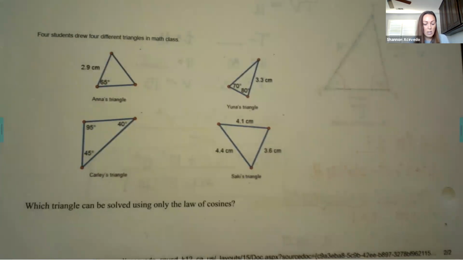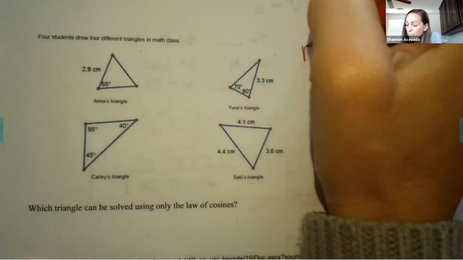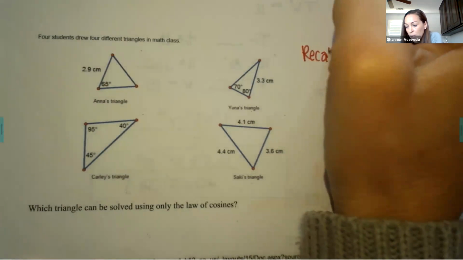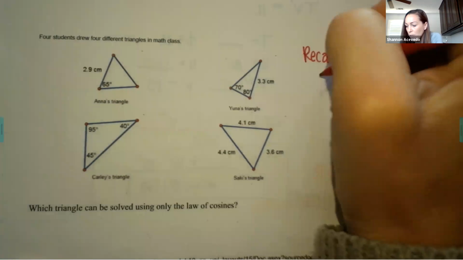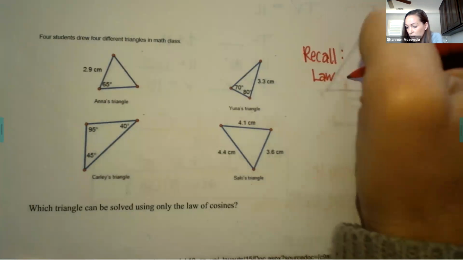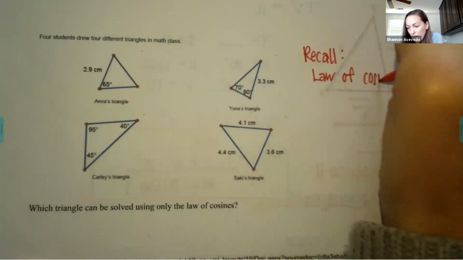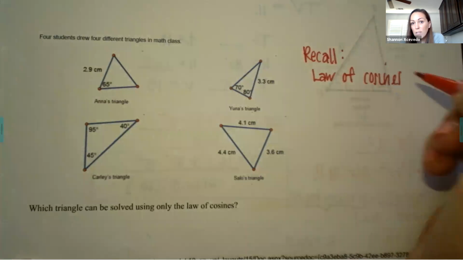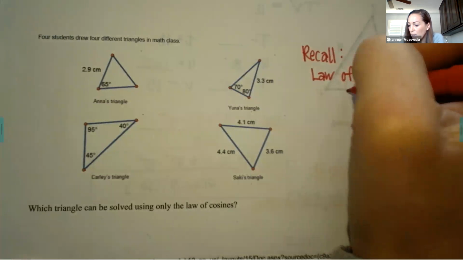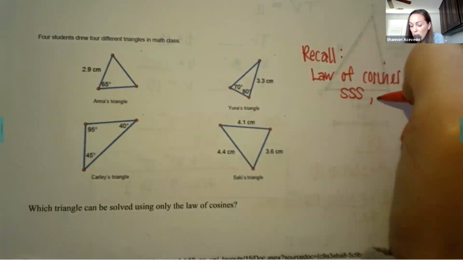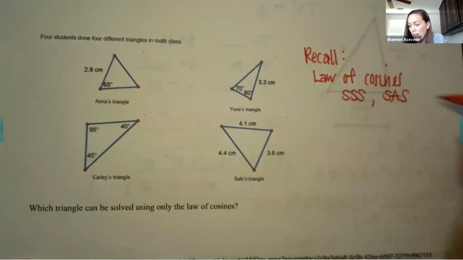So when I look here, if you recall, if I'm going to use my law of cosines, that works for triangles that are going to be a side, side, side, or a side, angle, side.